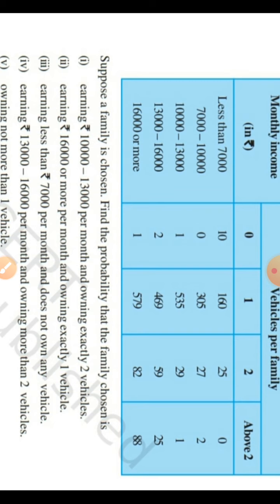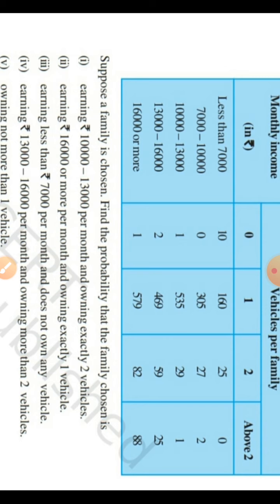So 579 will be there. So 579 families have one vehicle and income of 16,000 or more. So the answer will be 579 upon 2400. 2400 is given on the previous page.